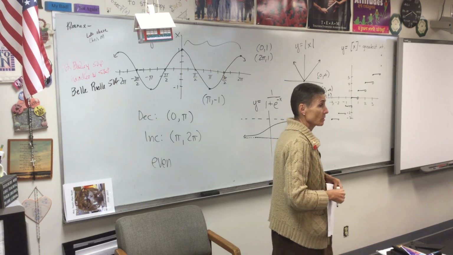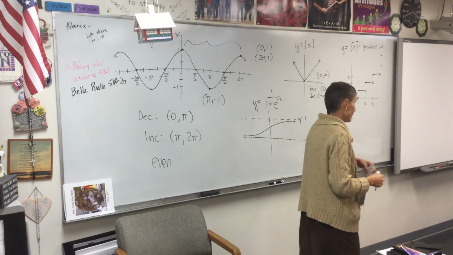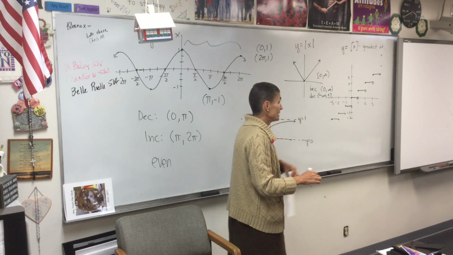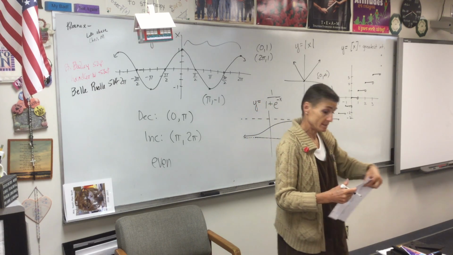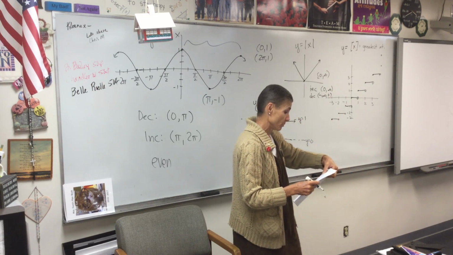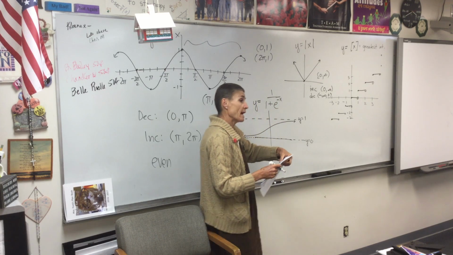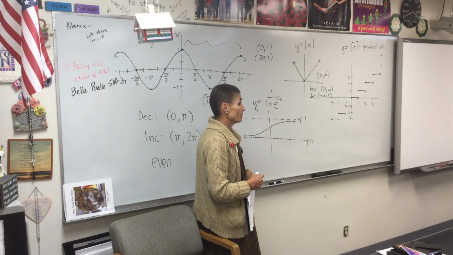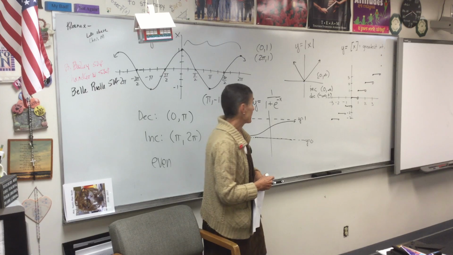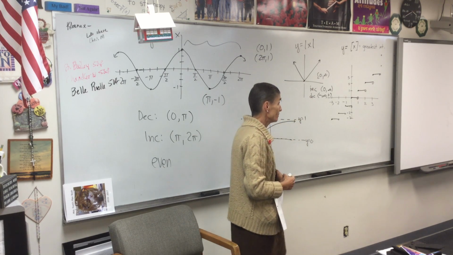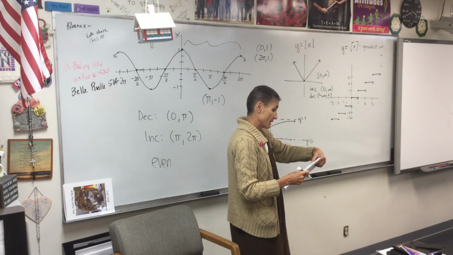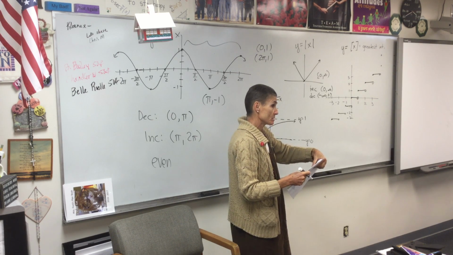Symmetry, y-axis, this is an even function. Boundedness, bounded below at y equals 0. It has a floor, in other words. Local and absolute extrema, you have a minimum. It is a local and an absolute minimum at (0, 0). No asymptotes.